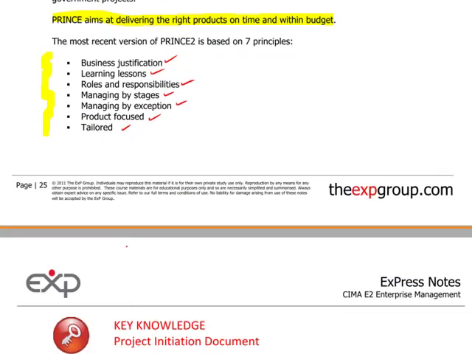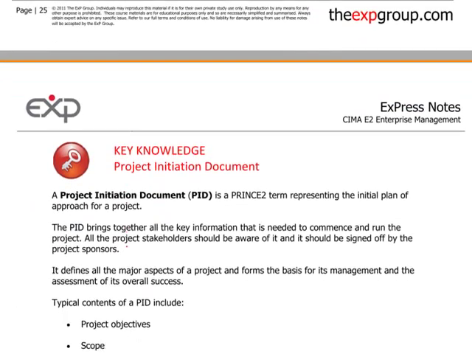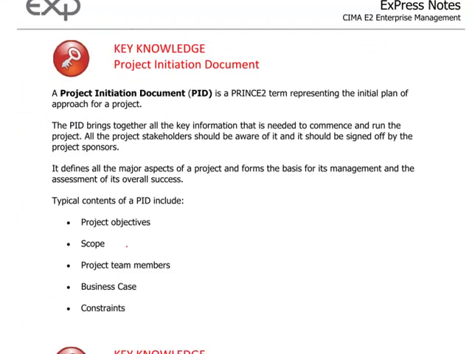Okay, the next page we talk a bit about one of the Prince 2 terms, a project initiation document. So a project initiation document is a document which, surprisingly enough, is drawn up at the project initiation stage, and it identifies all of the key information that is needed to start and to run the projects.